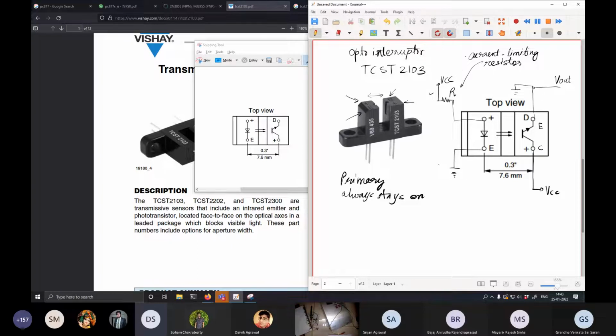So in this particular case, what will be the output voltage? Let's write it down: nothing in slot. So this plus D line is conducting. What is V out? What will V out be equal to?